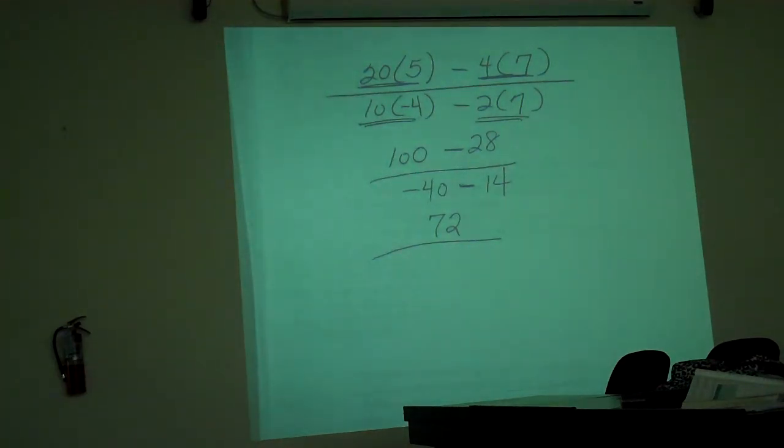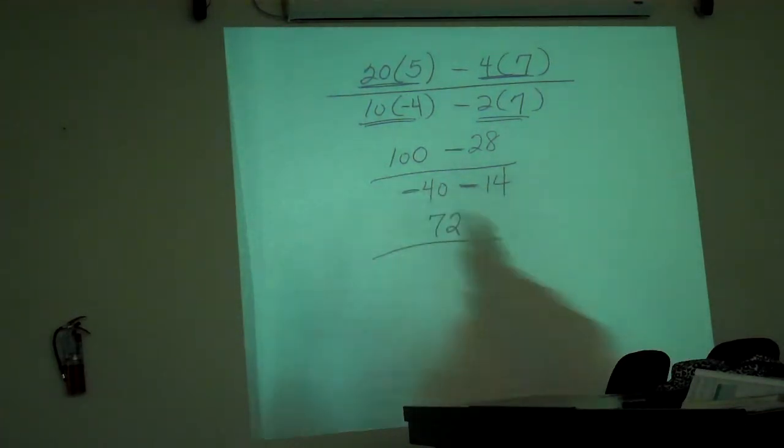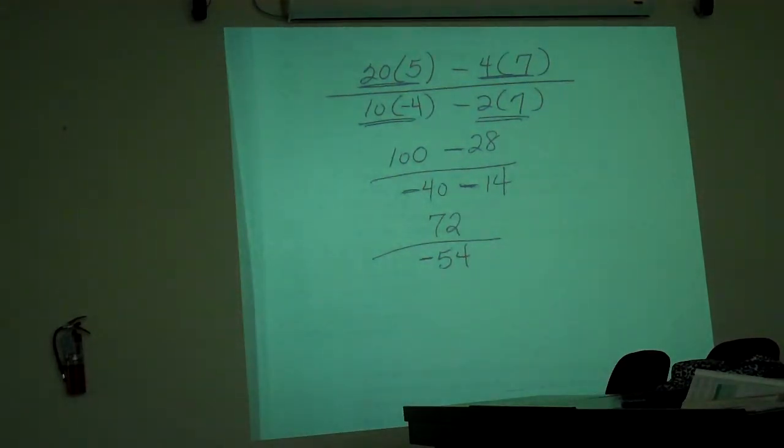Negative 40 minus 14, negative 54. That's like adding a negative and a negative. So you add them, keep the sign and add them. So you got 72 divided by negative 54.